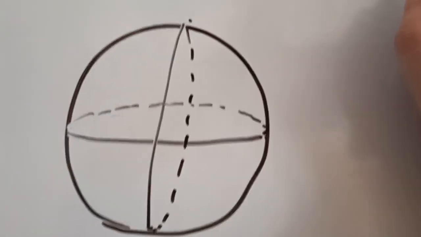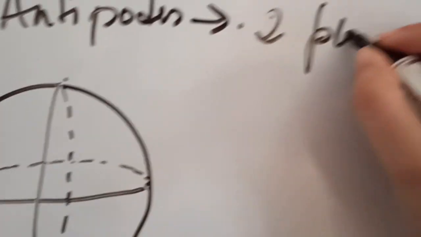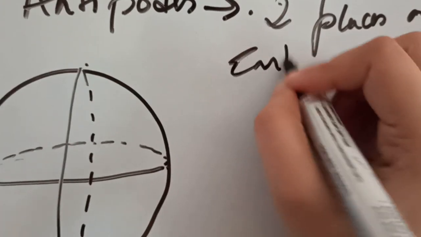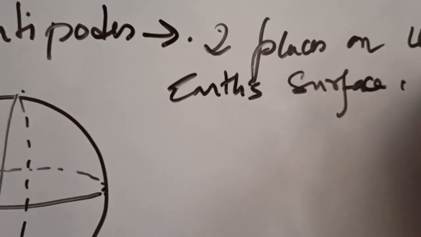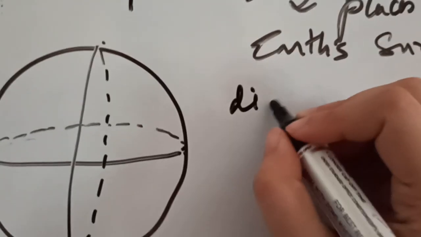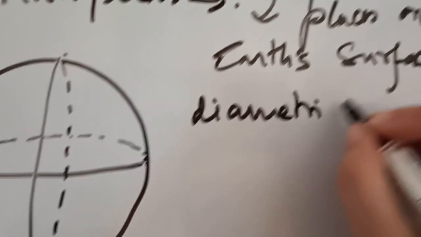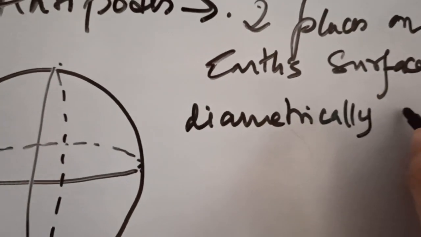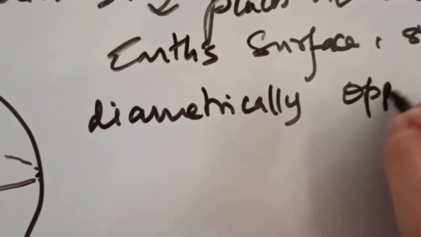It is actually the two places on the earth's surface situated diametrically opposite to each other.